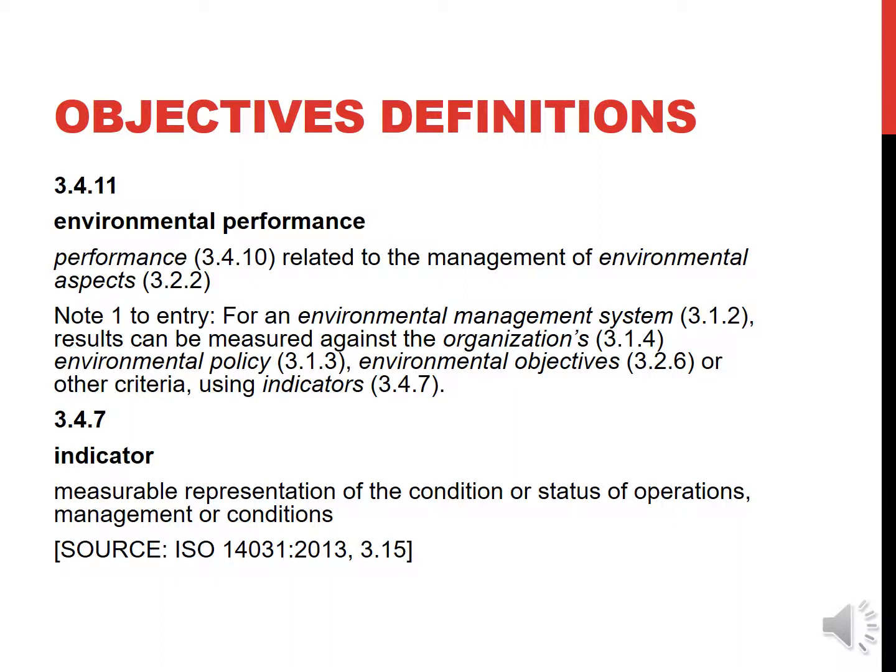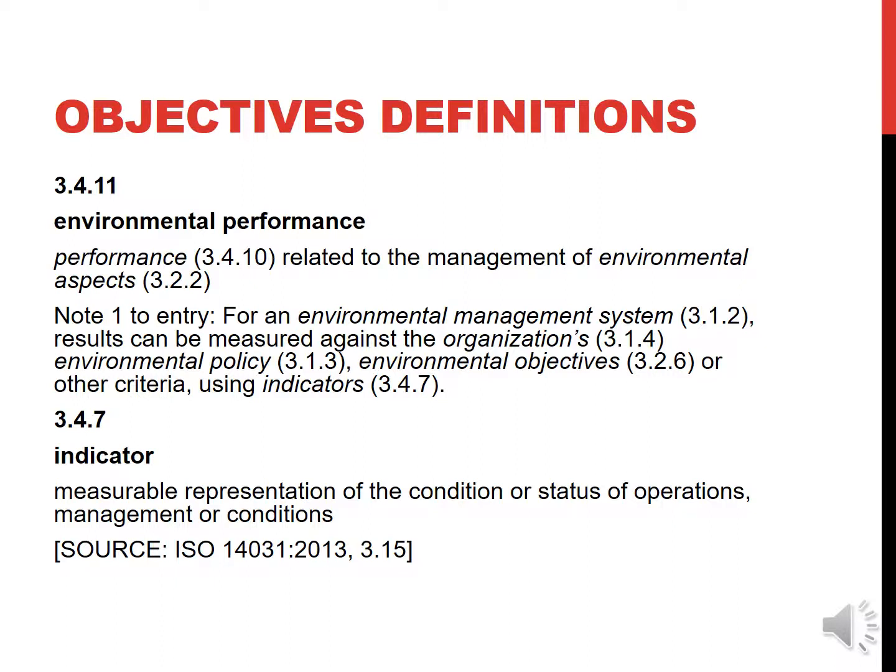This is what makes an EMS so powerful, and this is why the aspects and impacts analysis is really at the heart of an EMS and why it's so important. And so environmental performance within an environmental management system, you can look at results in terms of how well the policy is being achieved, how well the objectives are being achieved, or other criteria using indicators.